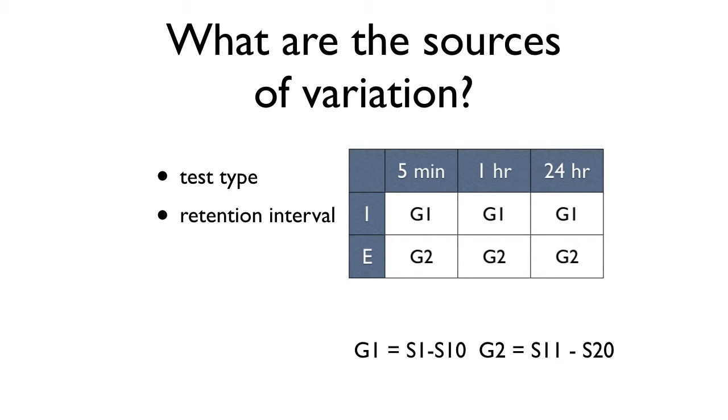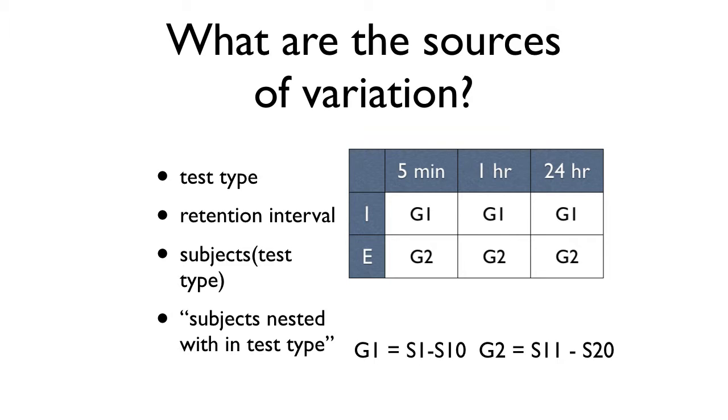Because then think about subjects just like any other variable. I know it's kind of a weird thing to think of, but just think of it as a variable. It's subjects within test type. That's a notation of those parentheses, and you read that as subjects nested within test type.